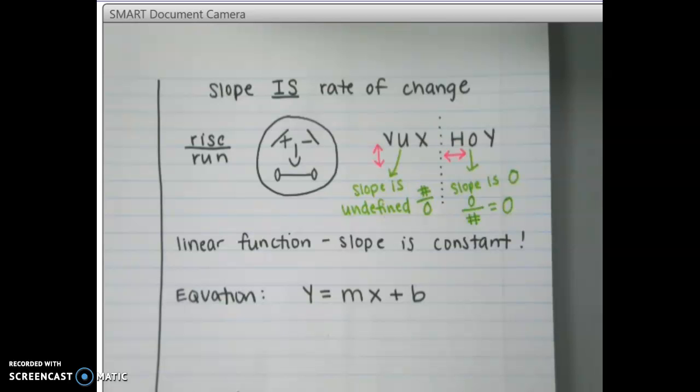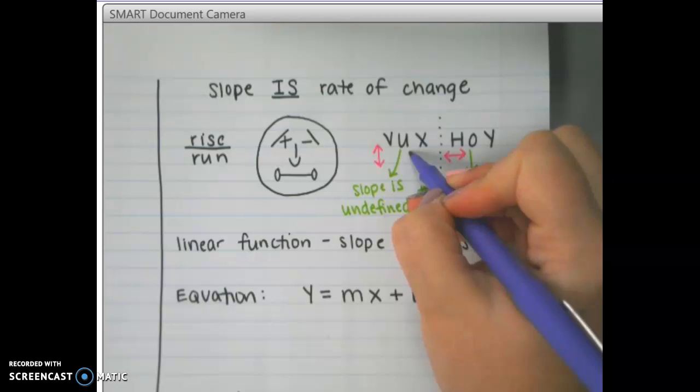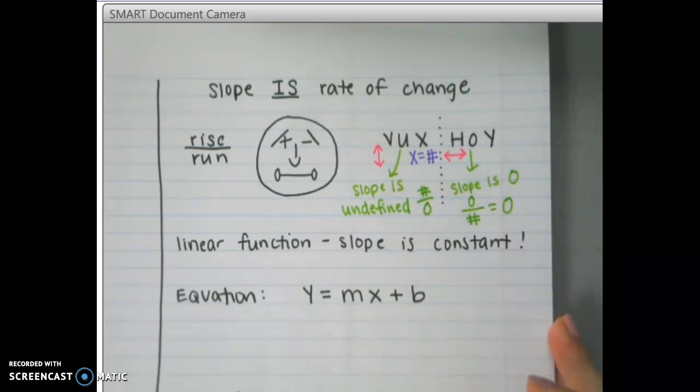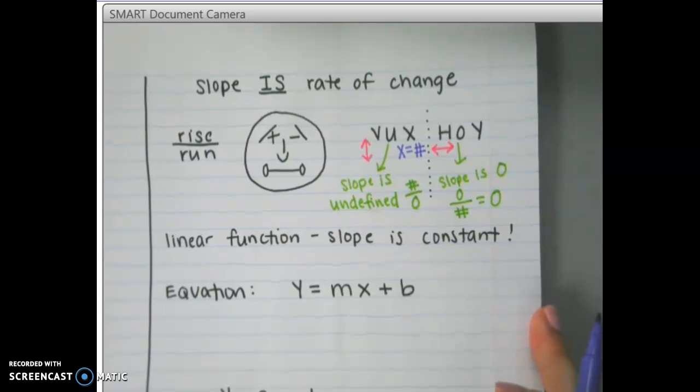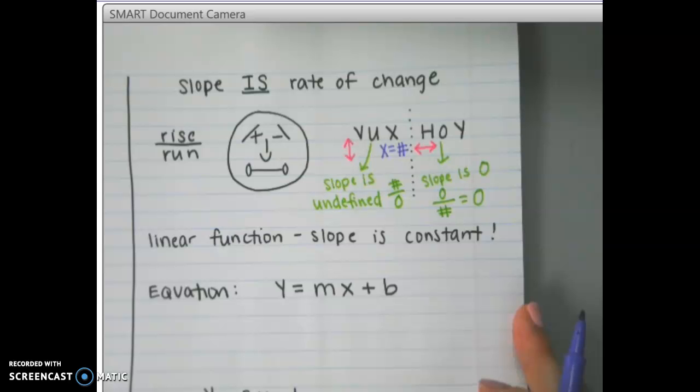All right, and then the last bit of this is to tell you what the equation of the line will look like. So a vertical line has an equation that is x equals a number. So it could be x equals 5, it could be x equals -2, but that's the only thing in the equation, x equals and then a number.